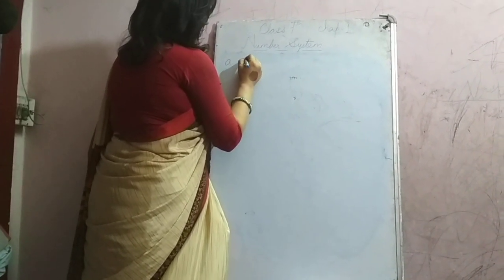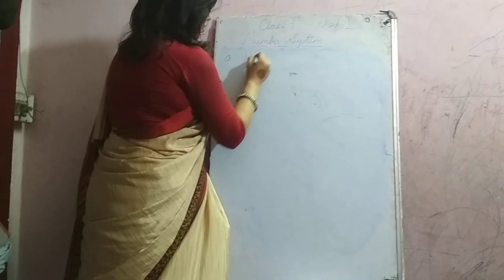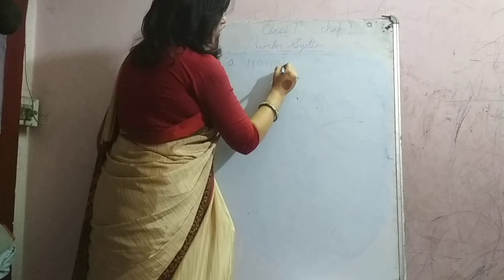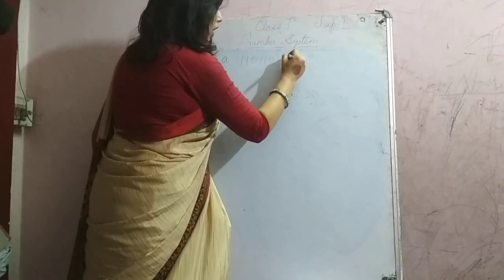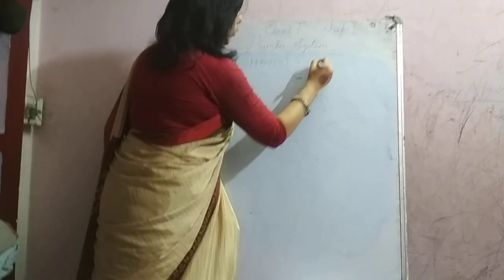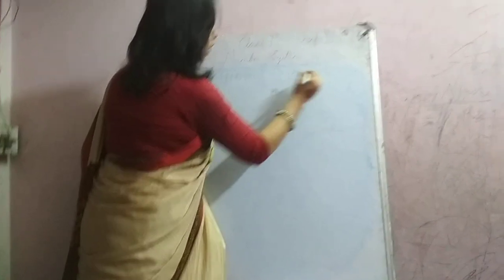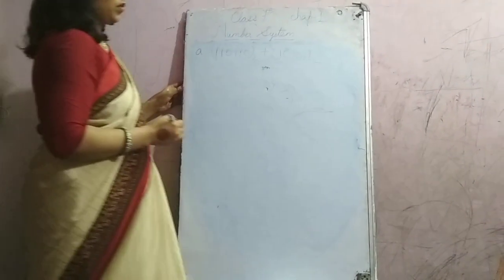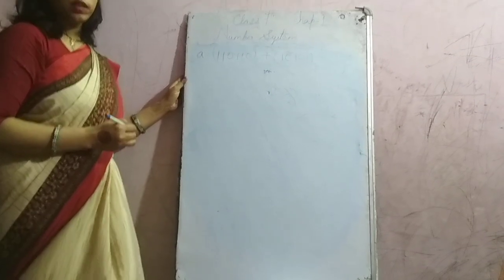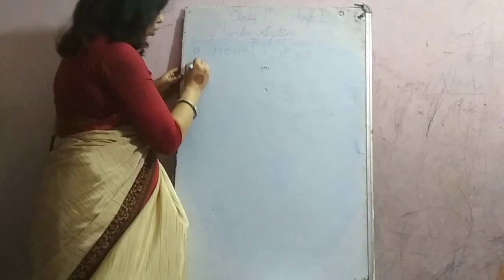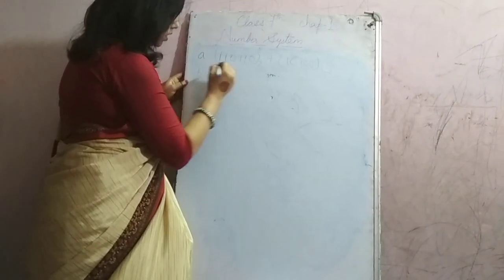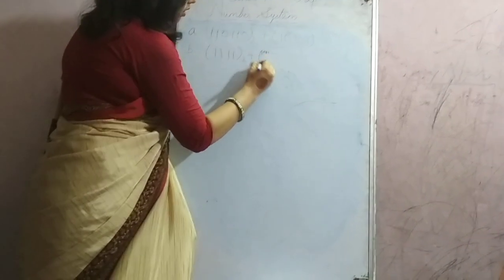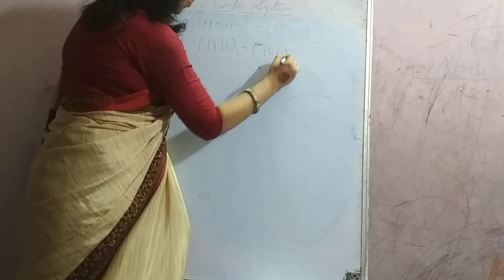A, 1 0 plus 1 0 1 0 1. Okay? Now, B, 1 1 1 1 plus 1 0 0 1.